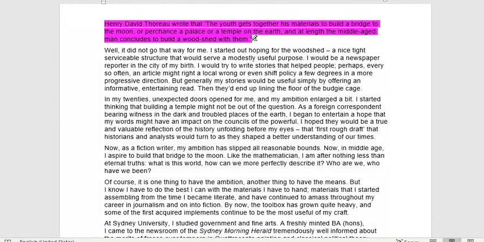Brooks includes an example from her research into transcendentalism, because Henry David Thoreau wrote a lot about transcendentalism, and her connection with this philosophical ideology. She uses this humorously as she doesn't really agree with it. So she gives us this intertextual reference and then kind of mimics it a little bit, makes fun of it to include that where man concludes to build a woodshed with them.